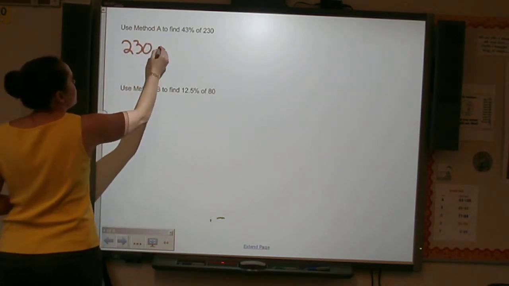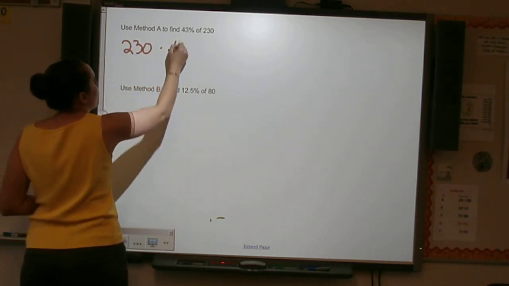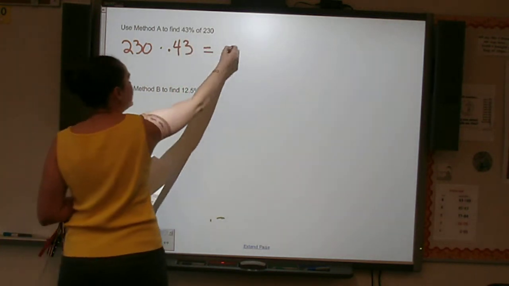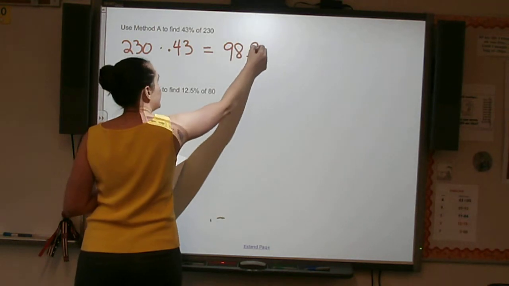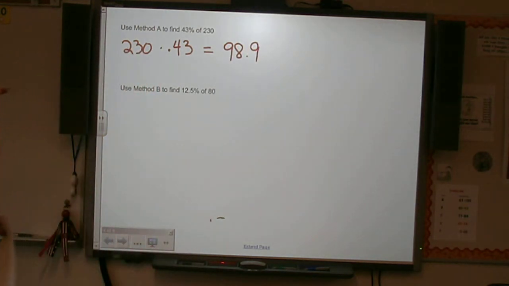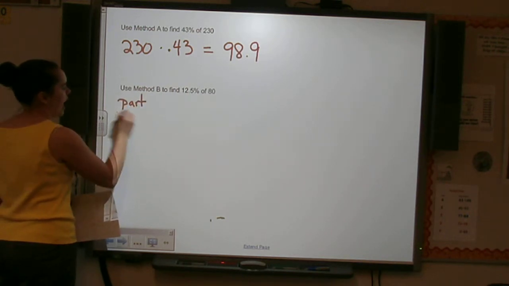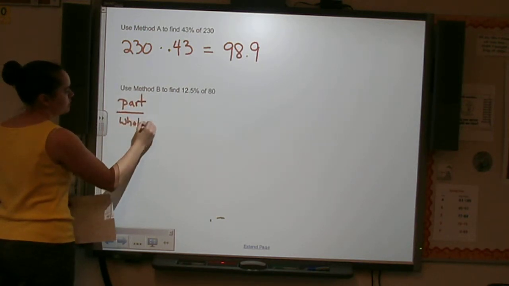So we have 230 times 0.43. And that is going to equal 98.9. So 43% of 230 is 98.9. Method B is where we set up our proportion.